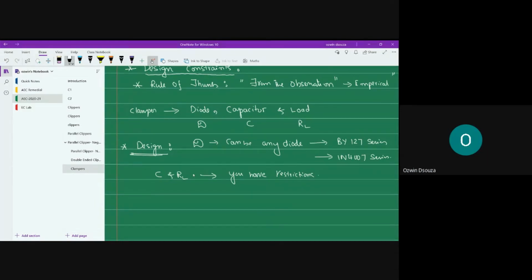You cannot choose the capacitor and resistor values just like that. The C and R values are chosen on the basis of time constant.